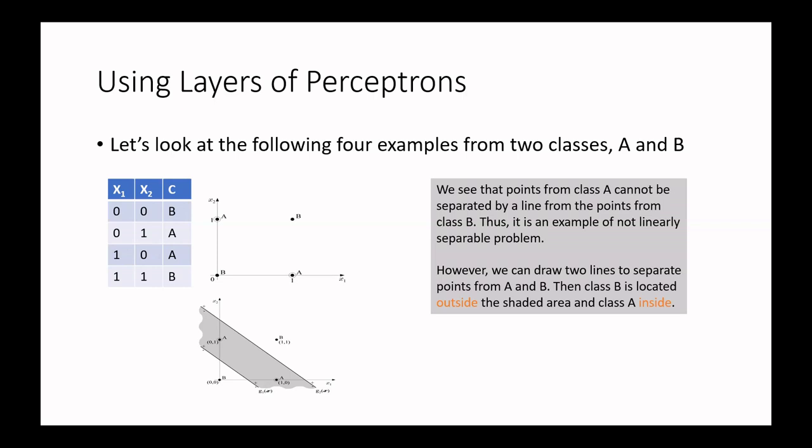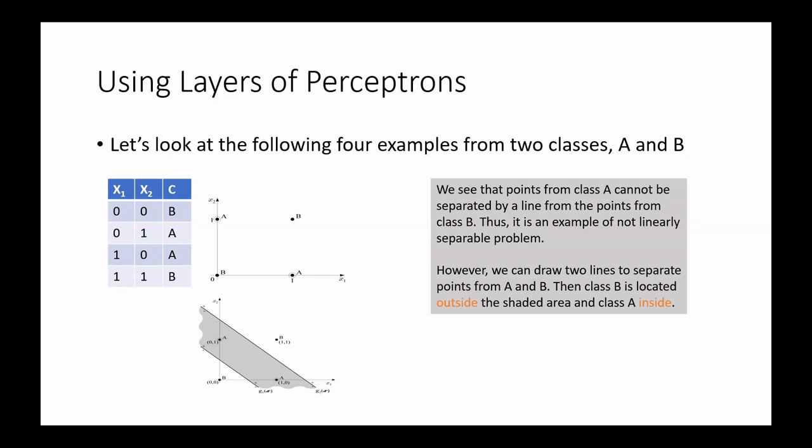However, you can draw 2 lines such that between the 2 lines you will have examples, let us say from class A, and outside those 2 lines, to the top and the bottom, you will have examples from the other class. So a single line is not possible, but through 2 lines you can at least get this much separation.